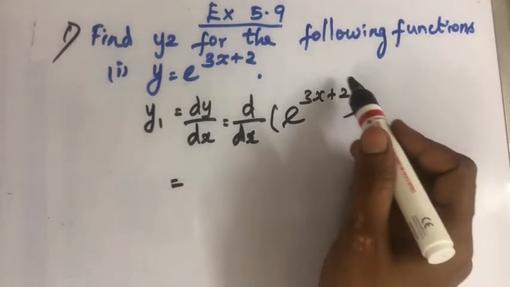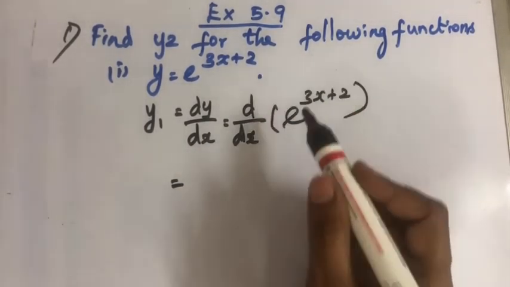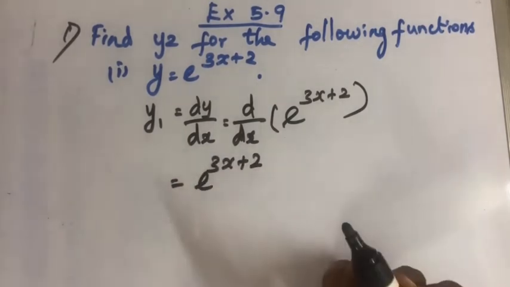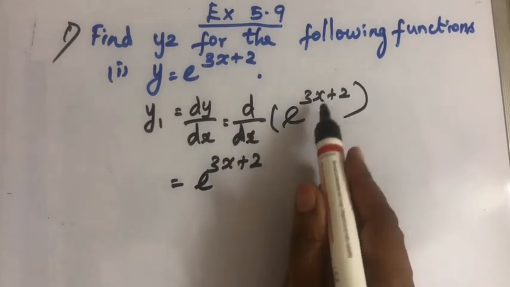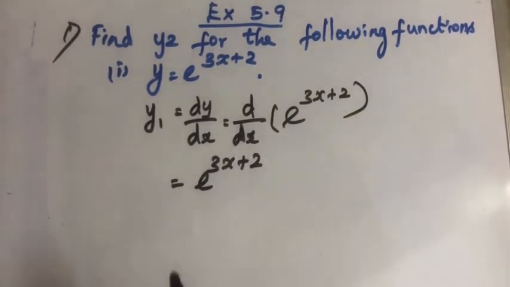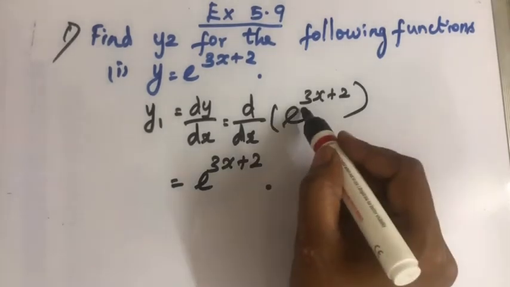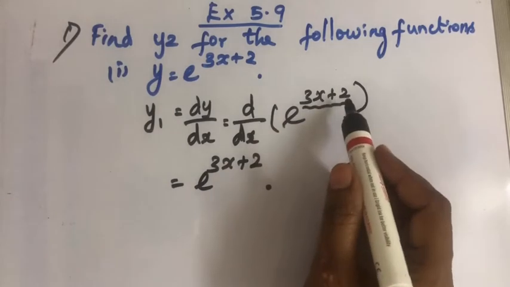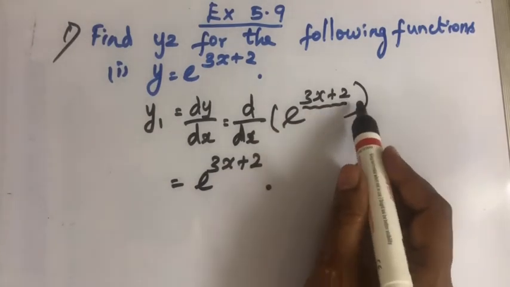What is the differentiation of e power x? It is e power x. Now, differentiation of e power 3x plus 2 is e power 3x plus 2 into, we have to differentiate this power. So, 3x plus 2. What is the differentiation of 3x plus 2?